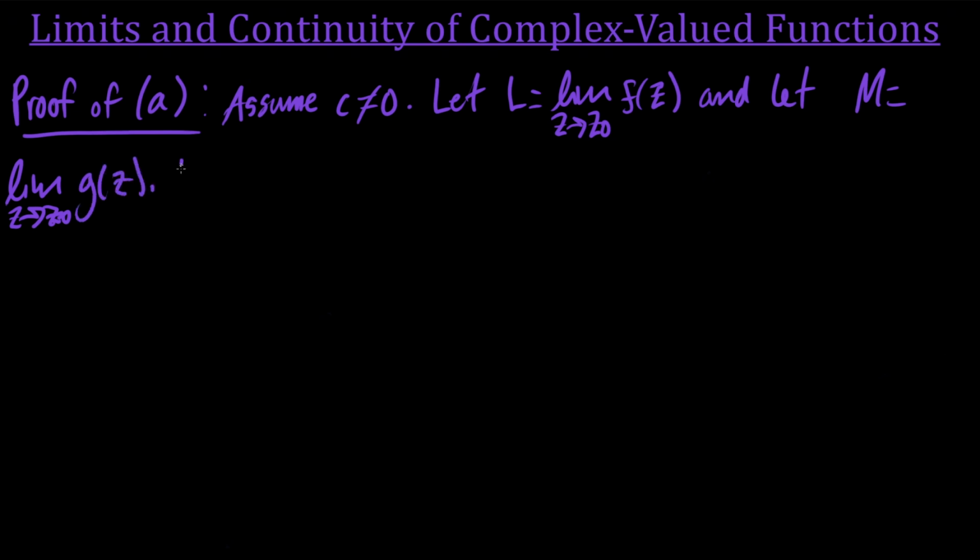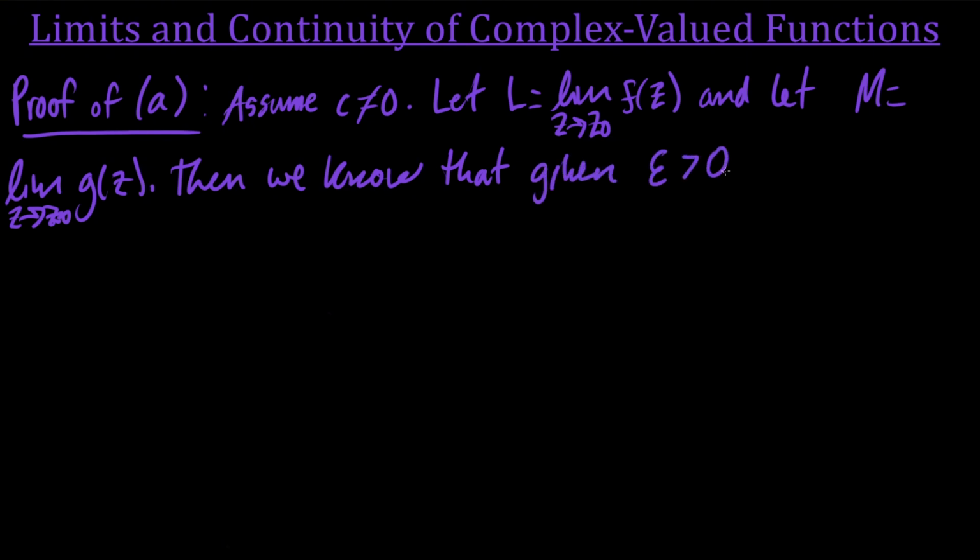And so based on the definition of the limit, we know that given epsilon greater than 0, we can find delta 1 and delta 2 greater than 0.